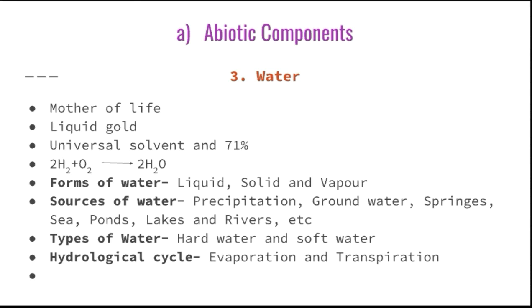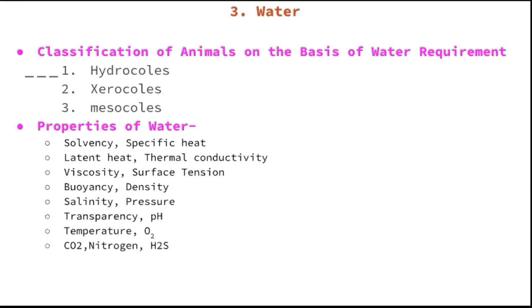The hydrological cycle, as well as the classification of animals on the basis of water requirement, and we focused on properties of water. Properties of water is not asked in the examination, but I gave it here as extra information for you.